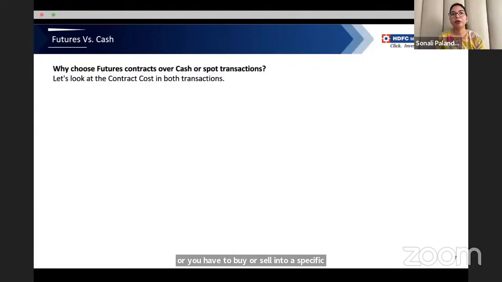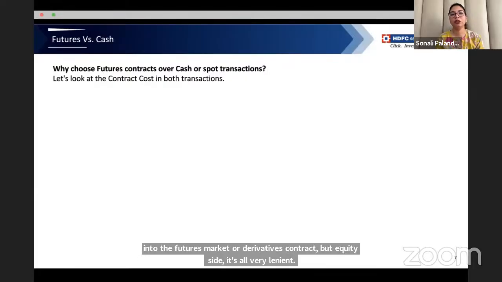Plus, if you're holding the futures, you are not entitled to get any benefits as a shareholder that equity holders get. So if we compare the futures and the cash or equity market, we see that there are a lot of restrictions in the futures market or derivatives contracts, but on the equity side it's all very lenient.